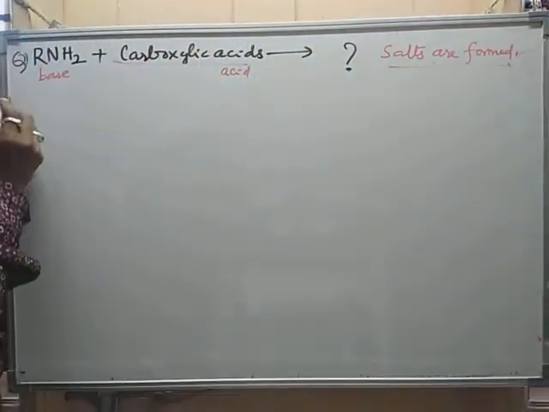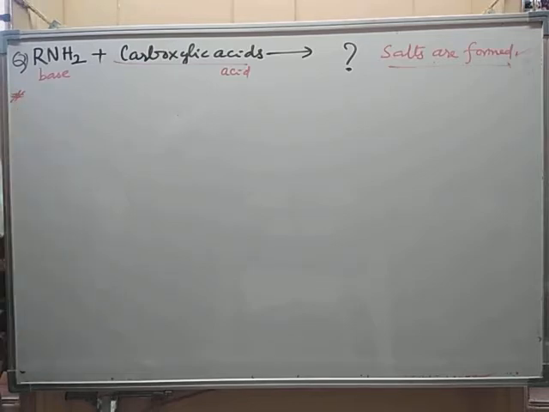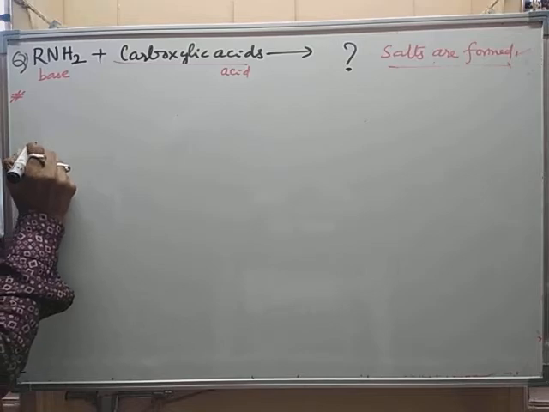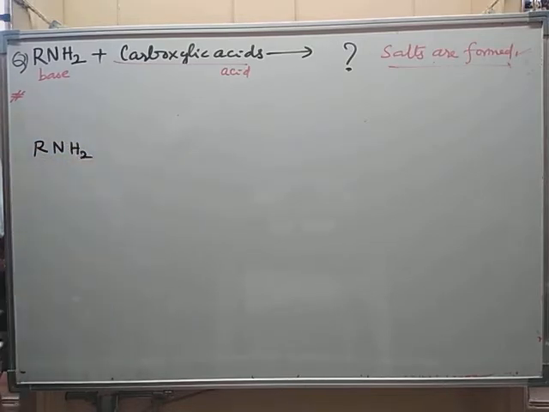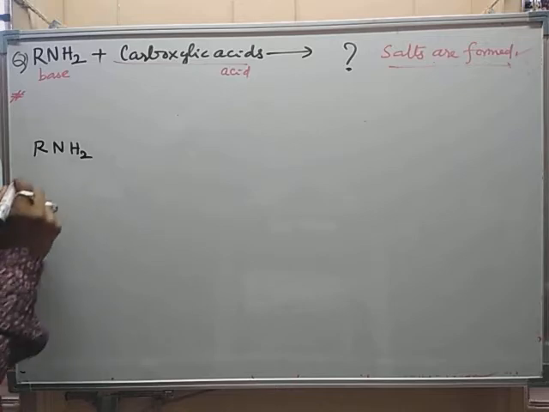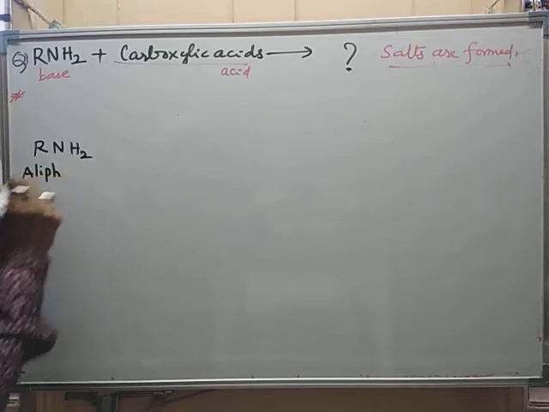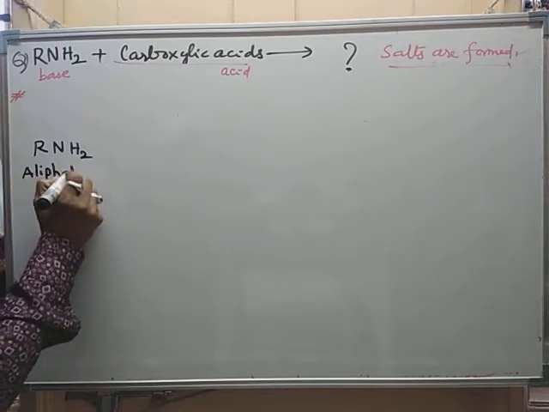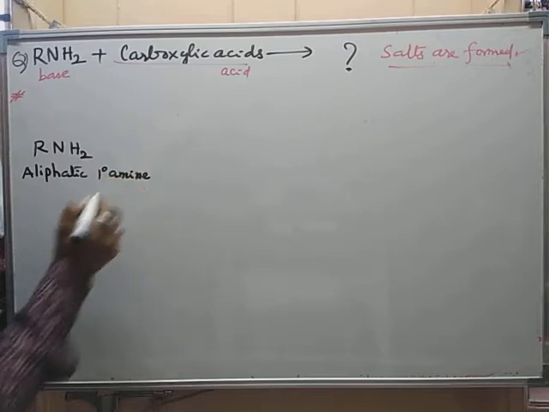Sufficient. Now move to another crucial and frequently asked chemical property. First we take RNH2. What is RNH2? Aliphatic primary amine. This is the general formula of aliphatic primary amine.